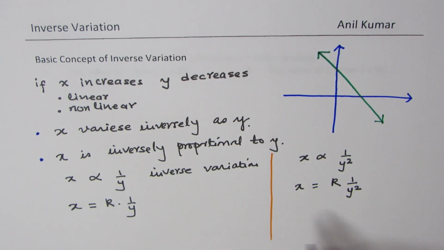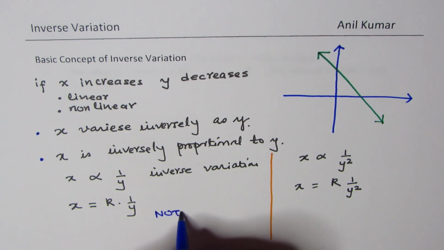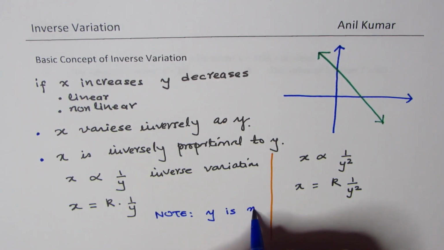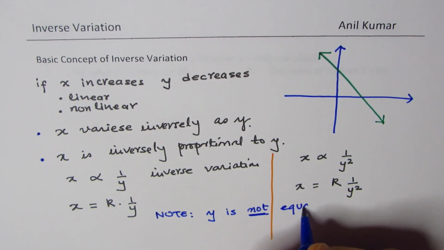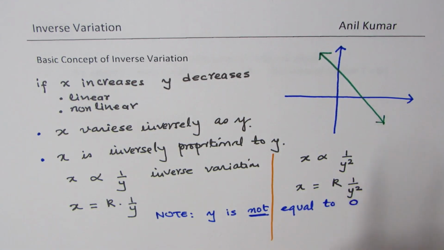Now in both these equations, y is in the denominator, so there is a very important note: y is not equal to 0. And therefore, with inverse variation, two things happen.